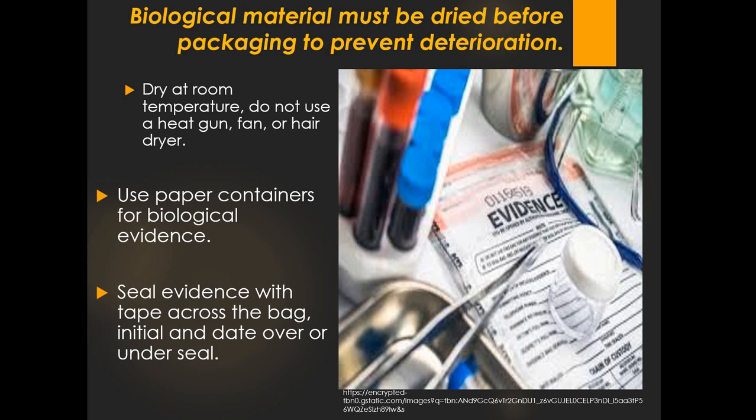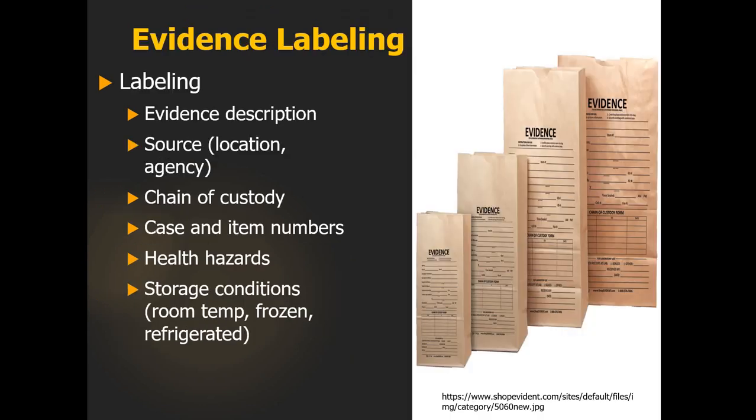We do use paper containers for biological evidence, and we seal tape across just like we do with the plastic, with the initial and date over the seal. So these are paper bags that are evidence things.